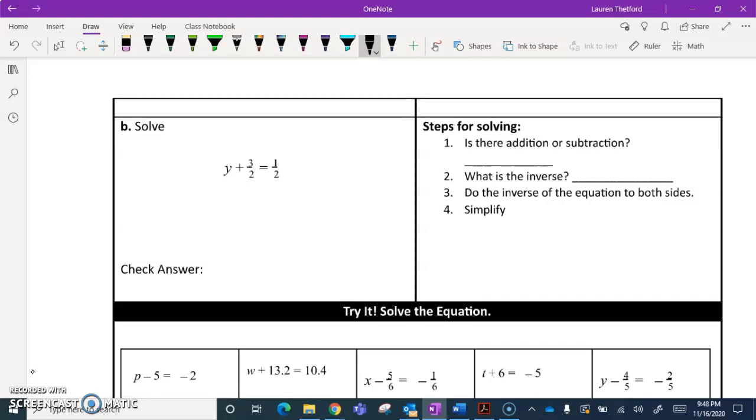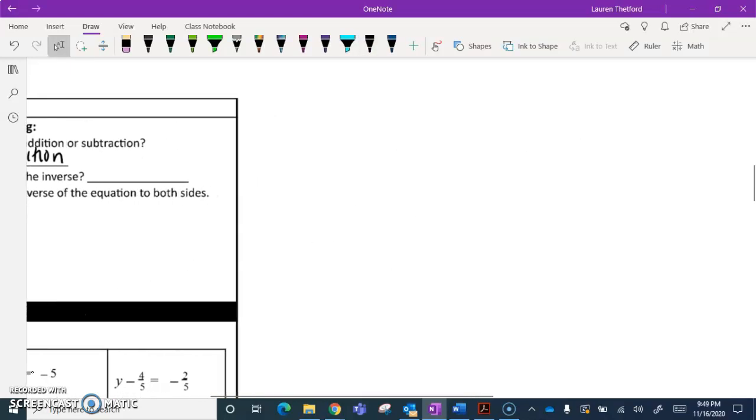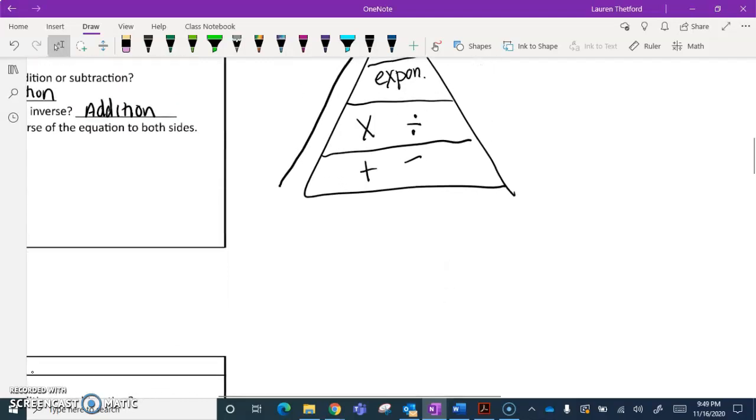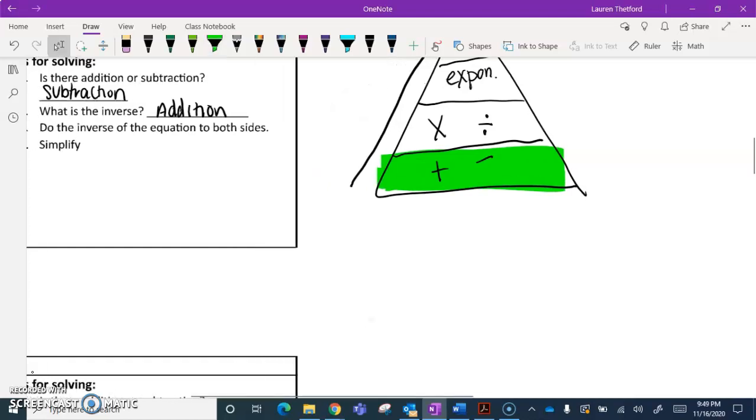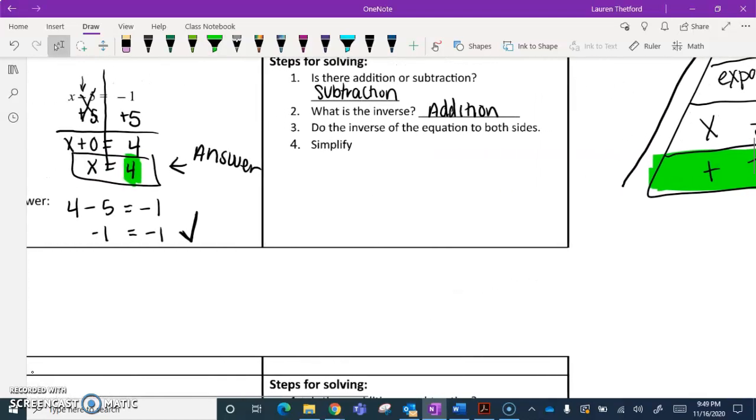We have y plus 3/2 equals 1/2. So we have an addition sign. We know we have to use the inverse, staying on the same level. And here's where we're at. We had addition, so that means we need to subtract.